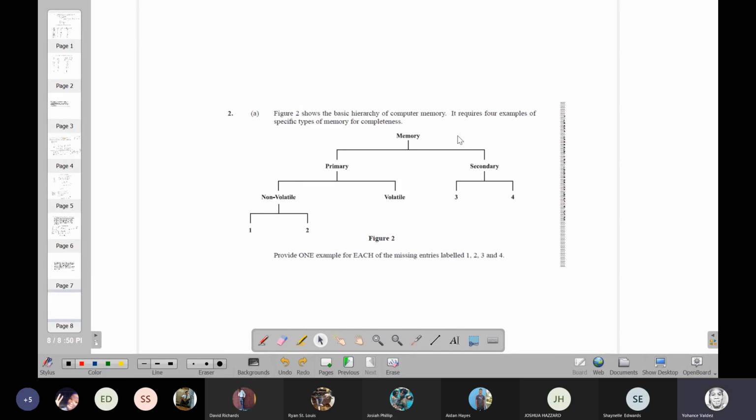It requires 4 examples of specific types of memory for completeness. So we have memory, we have primary and secondary storage, or primary and secondary memory. And we have volatile and non-volatile memory. And within primary memory, we have 2 types of non-volatile memory. Could you name 2 types of non-volatile memory for me, anybody?